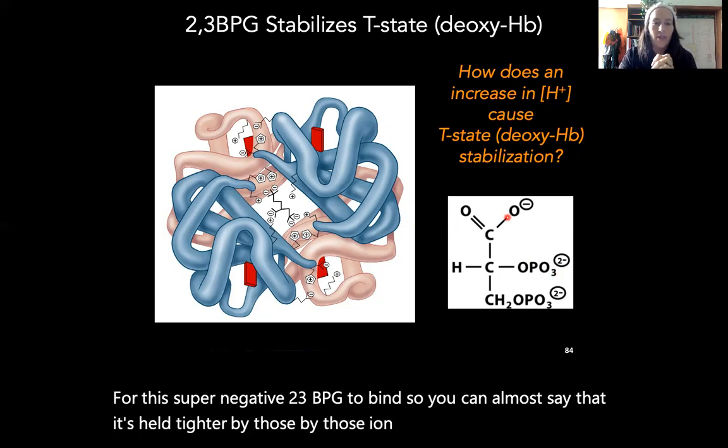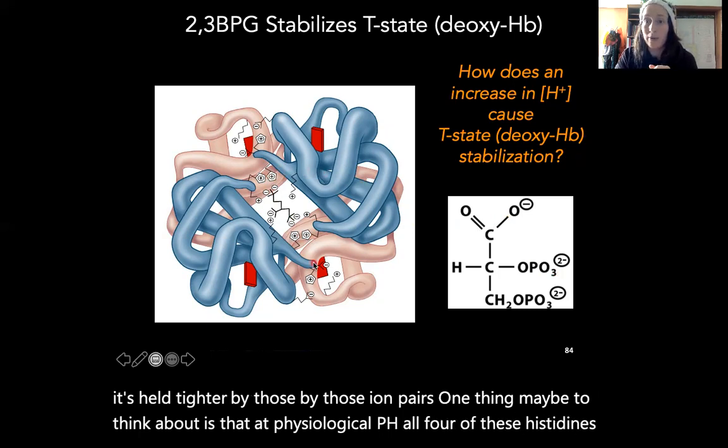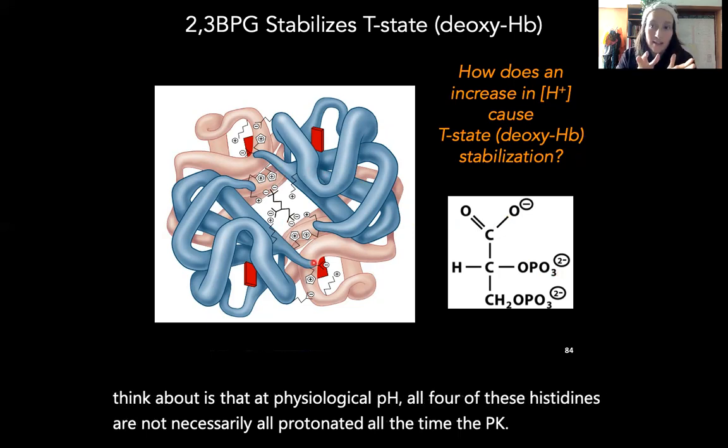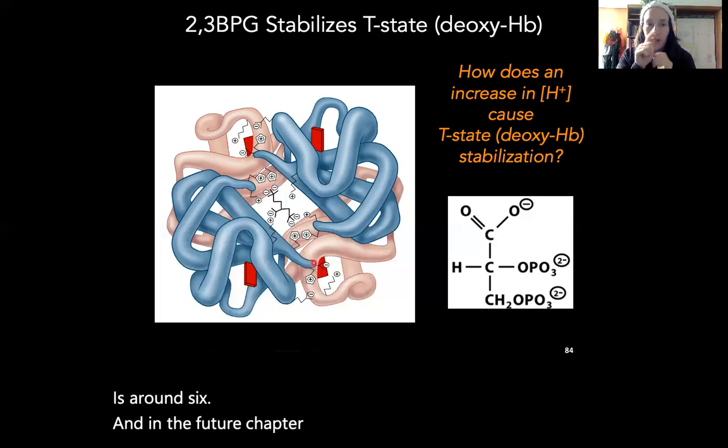Okay. One thing to think about is that at physiological pH, all 4 of these histidines are not necessarily protonated all the time. The pKa is around 6, and in a future chapter we'll see that you can actually figure out the exact pKa of those.